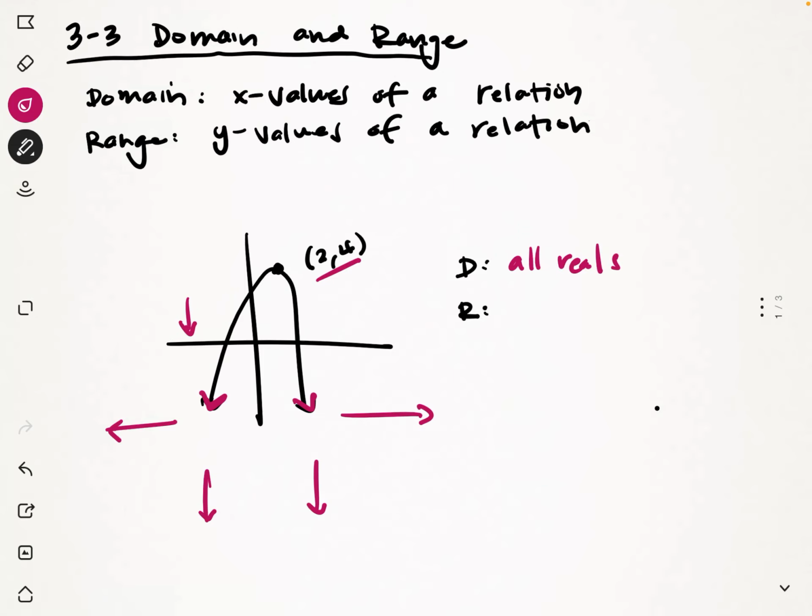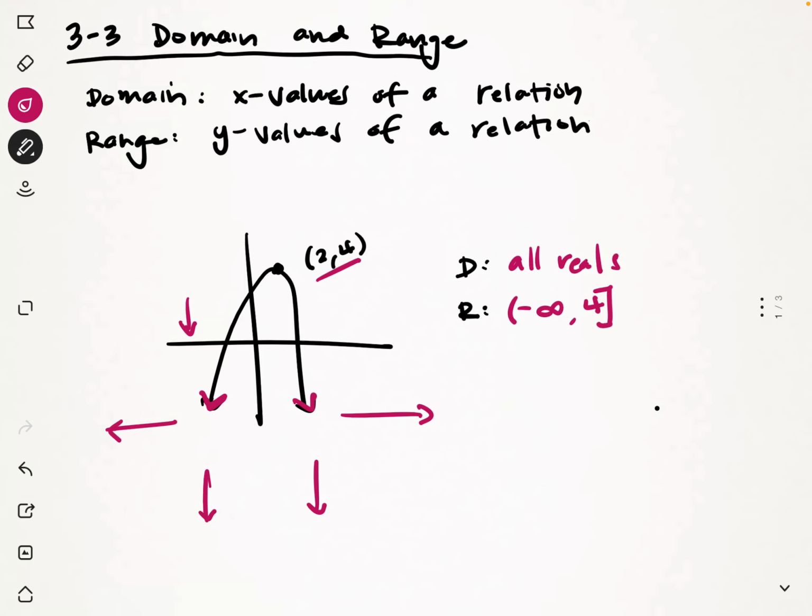So this one, because it goes downward forever, is going to go towards negative infinity. And then the top is going to be at 4, and it includes the point, so we need to make sure, right, we said last time if it includes the point we put brackets up there. So that would be our range.